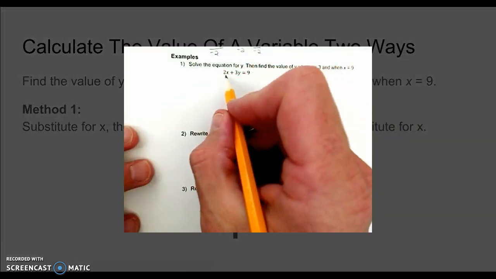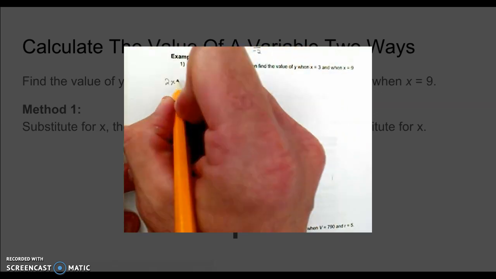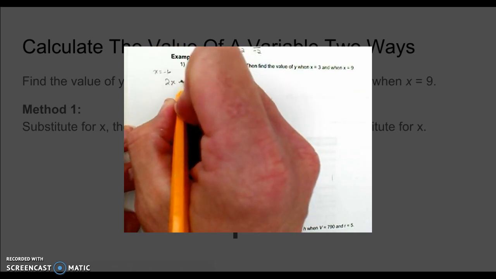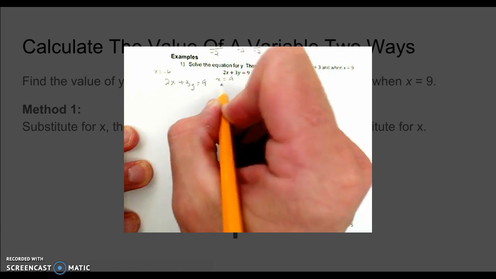So we're going to take this equation and substitute in the x value. So 2x, and I think we were asked to do this twice, once when x was negative 6, and again when x was 9.